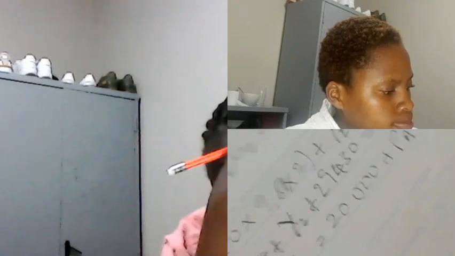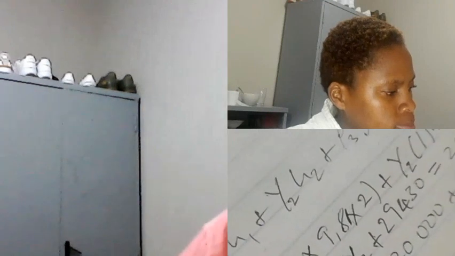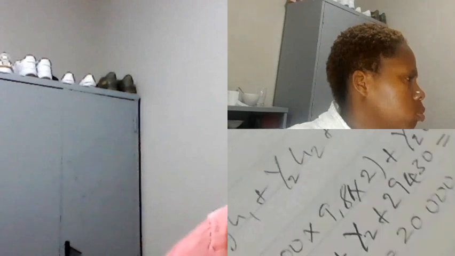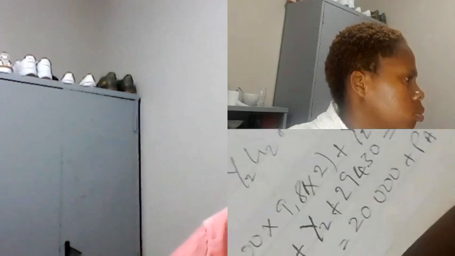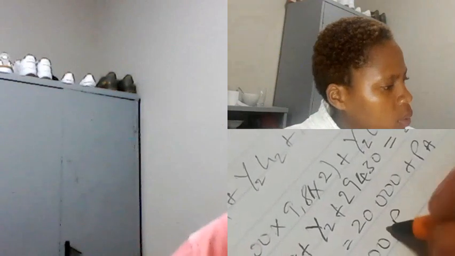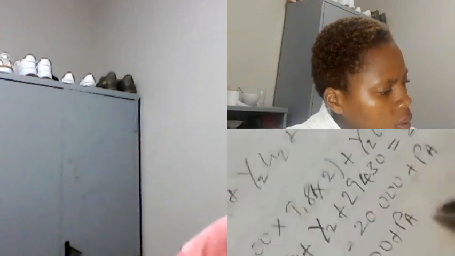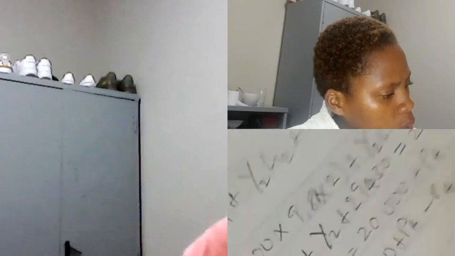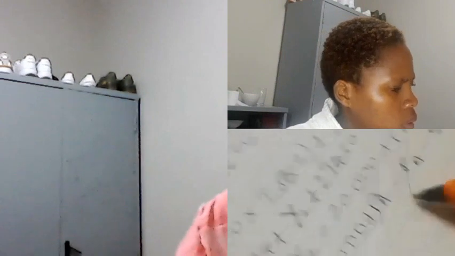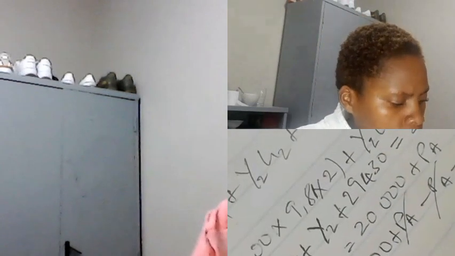Okay, so now we group the like terms. Let me make gamma the subject of the formula: 20,000 plus PA, then PA minus PA, then minus 5,886. You cancel PA, and then we are left with that.